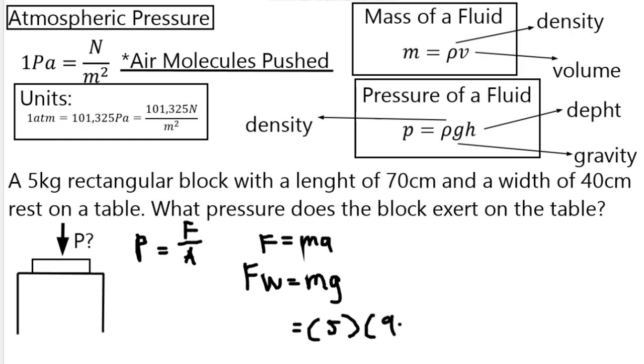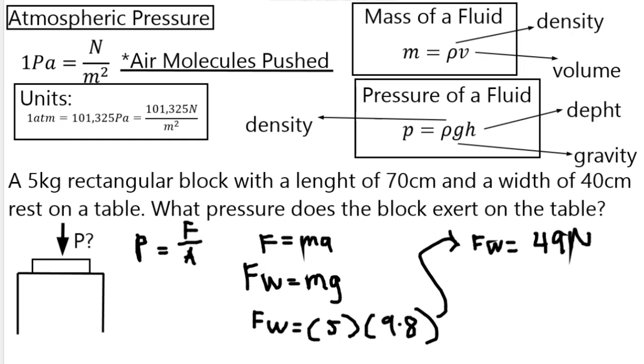Our mass is 5 and our gravitational acceleration is 9.8. We're not going to use a negative sign there, just keep it simple and make it positive. So the weight force is 49 newtons.